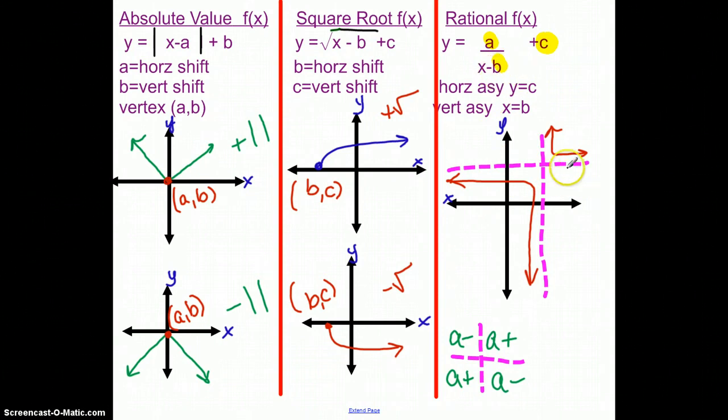Whatever the B value is, that's going to determine this vertical asymptote line that runs up and down. Whatever C value is, it's going to make a horizontal asymptote. Now, just like we talked about with the other ones, because these are asymptote lines, as they go in this direction and this direction, they're going to get closer and closer and closer to those dashed lines, but never quite touch it. Same thing up here. Now, I actually want to go through a couple of these so you can see how to graph them.